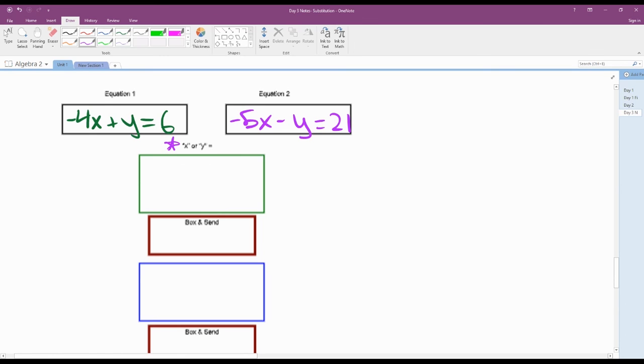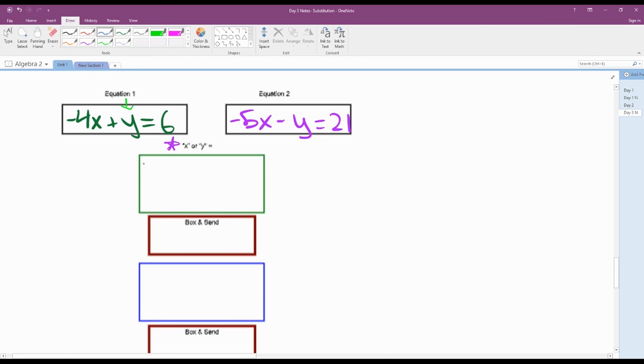So I would look and say, okay, my x's both have coefficients, so that's going to require division. But my y's are both either 1 or negative 1, so I won't really have to do any division for that. Now, technically, you could use either one, but I like to make my life easy. As you see here, I got a plus 1y, and so that's going to be easiest to get by itself, in my opinion.